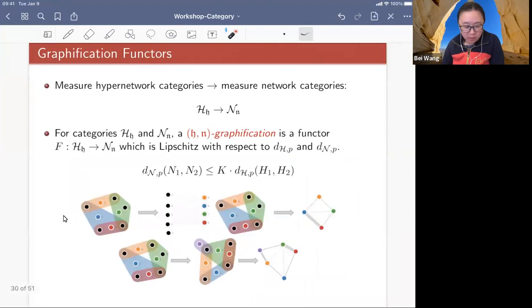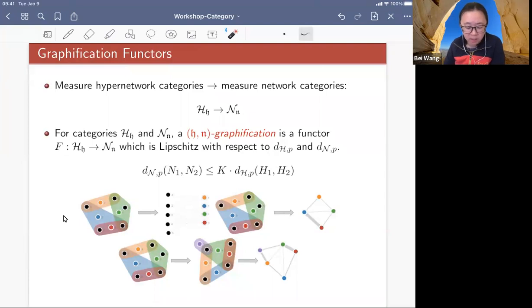Now, when I'm thinking about the mapping from the category of hypernetworks to the category of networks, or mapping from the space of hypergraphs to the space of graphs, we really want to study this particular functor, and we want this functor to be well behaved.